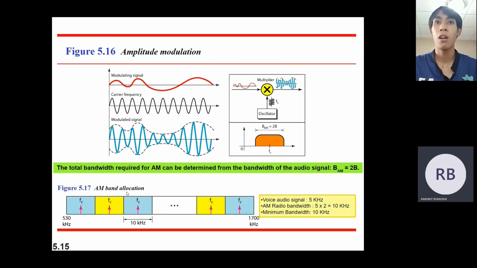AM bandwidth allocation: the voice audio signal is 5 kHz. AM radio bandwidth is 5 times 2 equal to 10 kHz, and the minimum bandwidth is 10 kHz. Fc is the carrier frequency. Okay, the next.